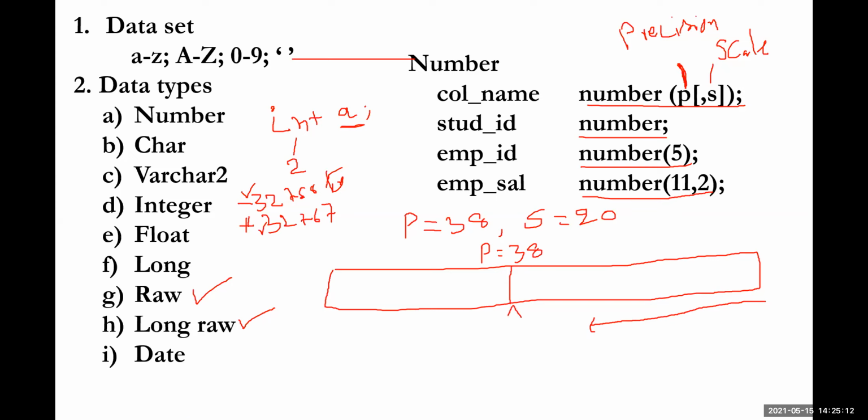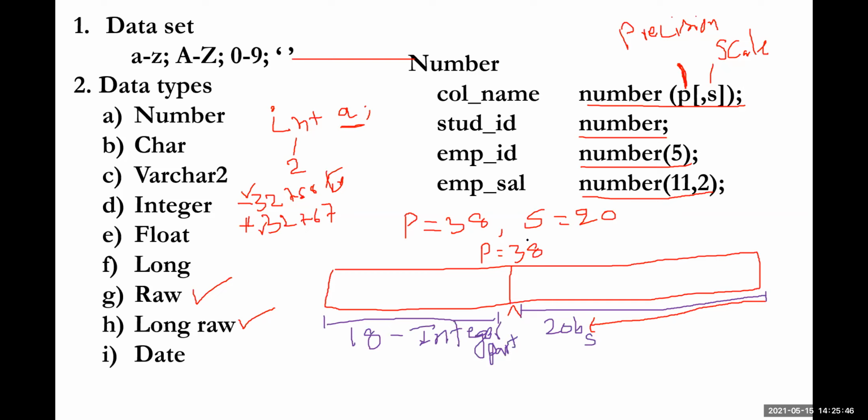Let me take some other color so you can understand. From here to here, for example, this could be 20 bytes. These 20 bytes will be considered as scale, and the remaining 18, from here to here, will be 18 bytes. These 18 bytes will be considered as the integer part.